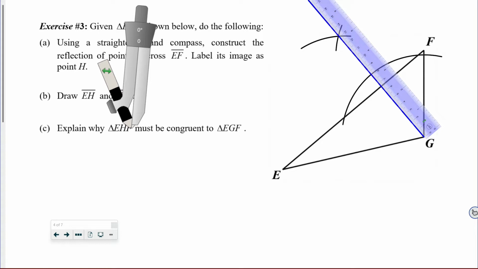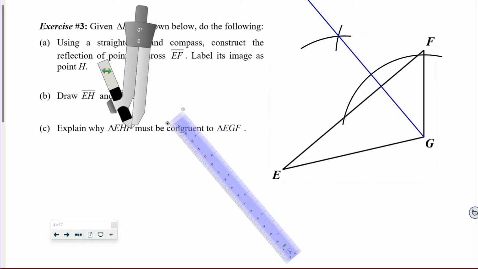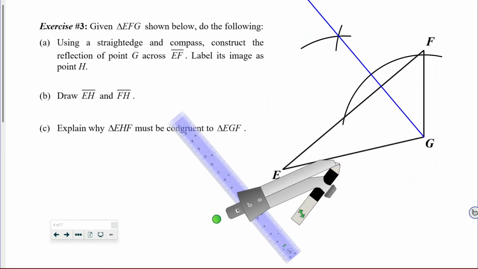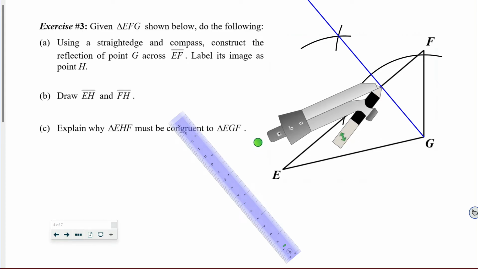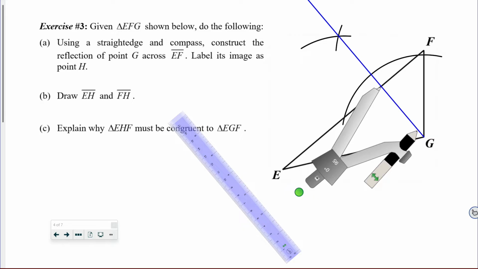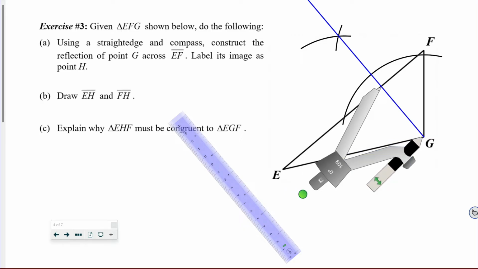So now we've got a line segment that is perpendicular to EF that passes through G. We just now have to figure out where the image of G is. So we will measure the distance from our line of reflection to the point that we're trying to reflect. All right, that might be as good as I'm going to get, but let me try just a little bit better.